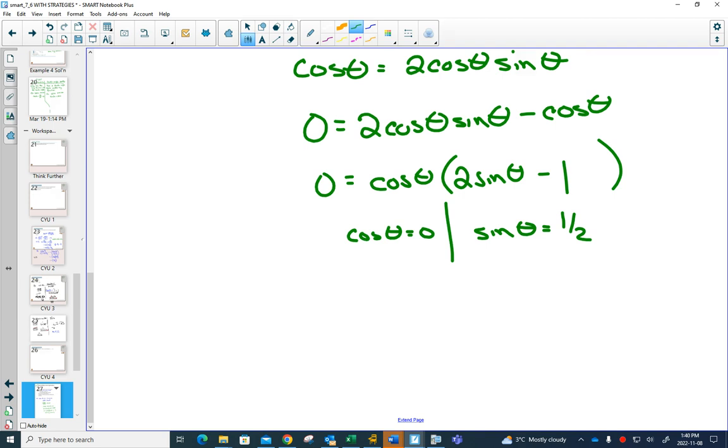When is cos theta equal to 0? When theta is pi over 2 and 3 pi over 2. When is sine theta equal to a half? It's your pi over 6 family, quadrant 1, and quadrant 2.